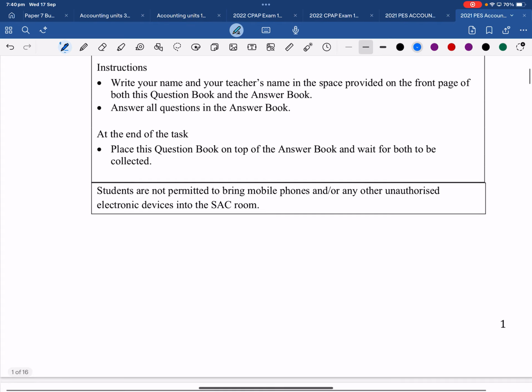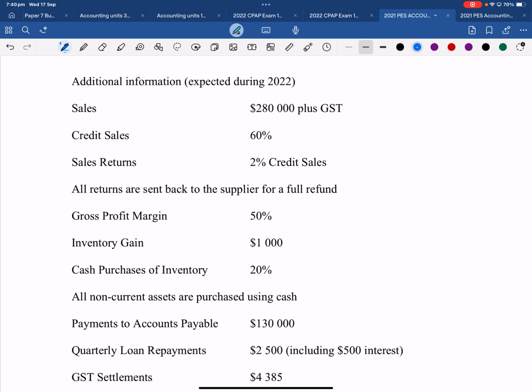Then also we have 2%. Sales return is 2% of credit sales. Does it have GST? Yes. Even though it doesn't say here, see, this one they say plus GST, but this one doesn't say.